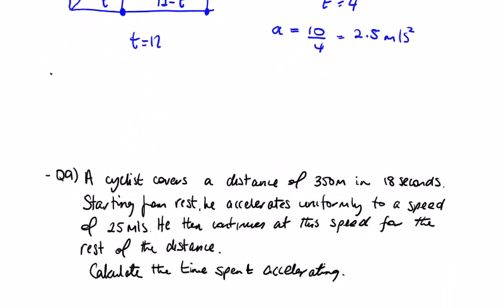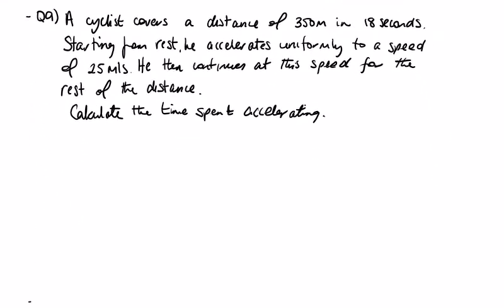On to number 9. A cyclist covers a distance of 350 meters in 18 seconds. Starting from rest, he accelerates uniformly to a speed of 25 and then continues at this speed for the rest of the journey. Calculate the time spent accelerating.